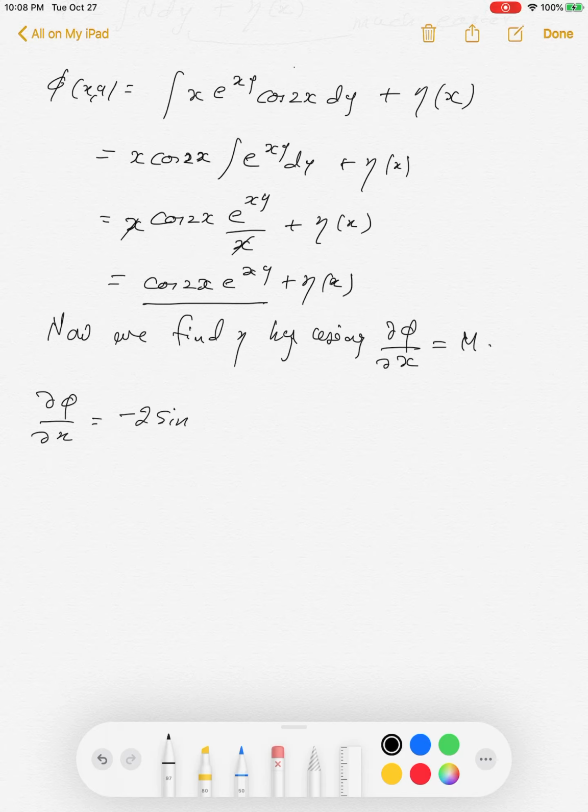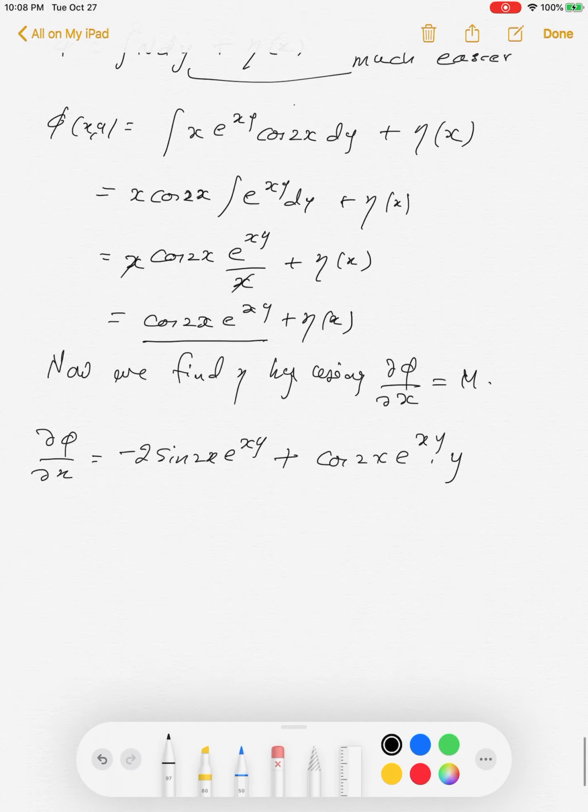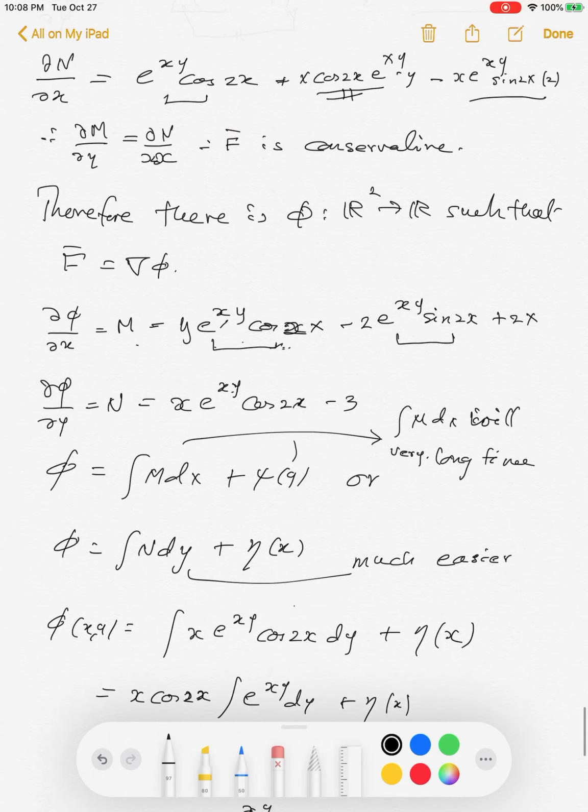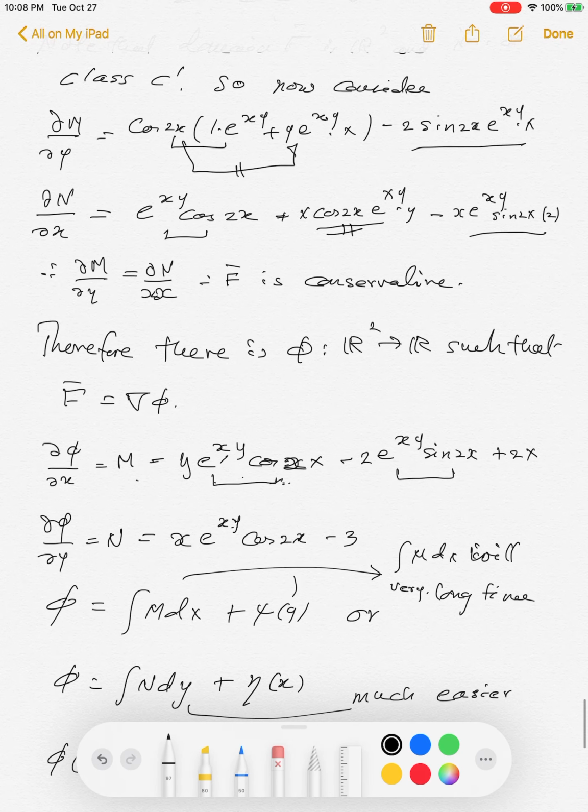It's going to be minus 2 sin 2x e^(xy) plus, when you differentiate e^(xy), you get cos 2x e^(xy) times y.